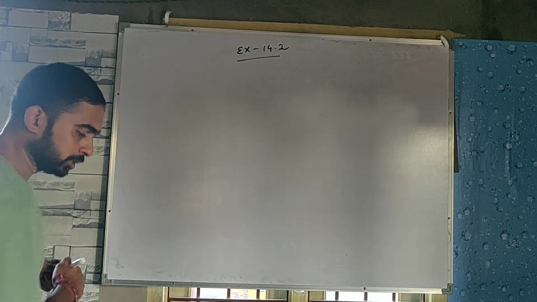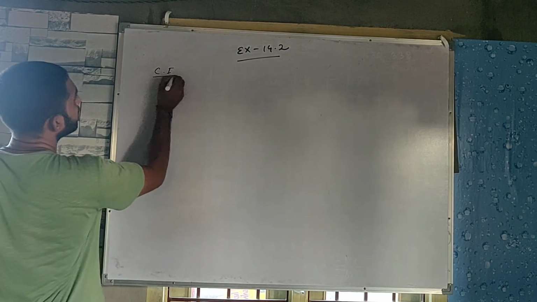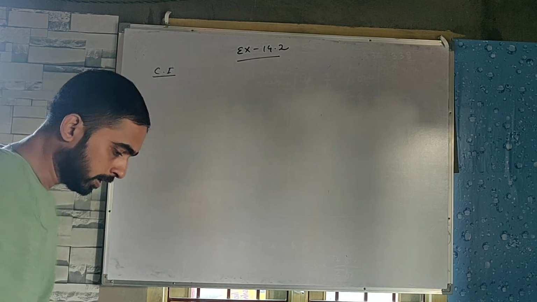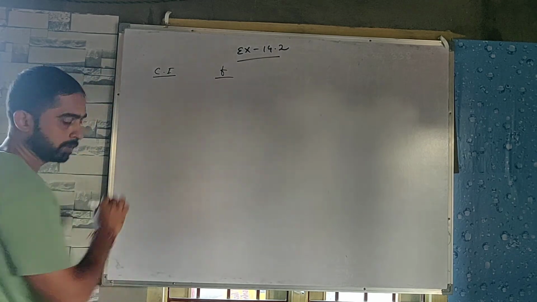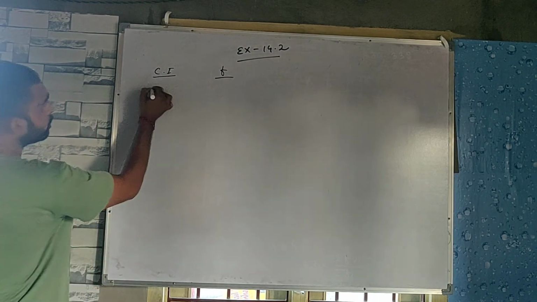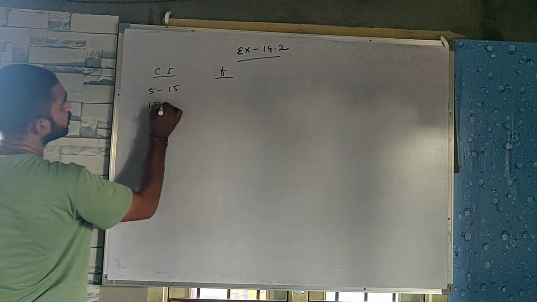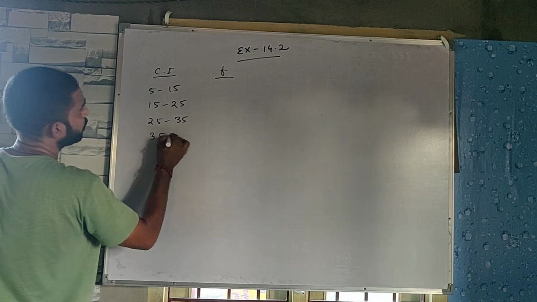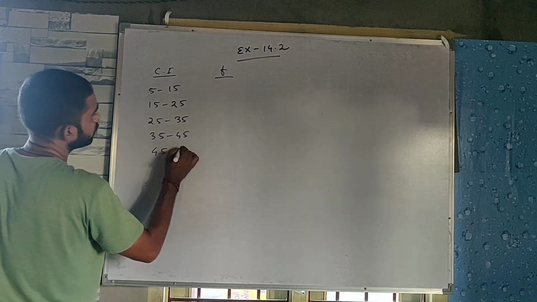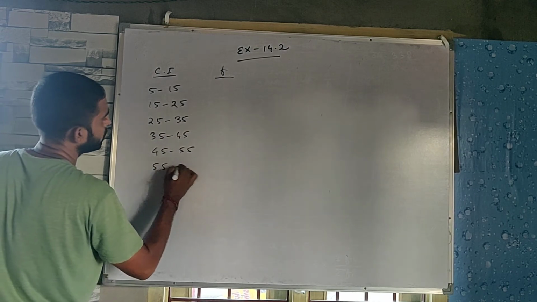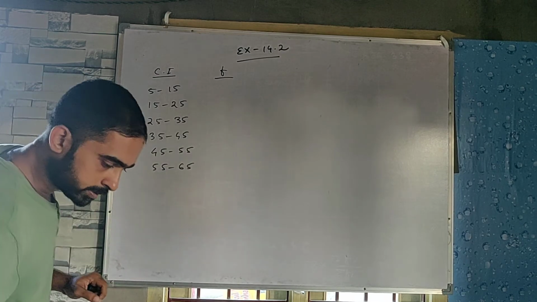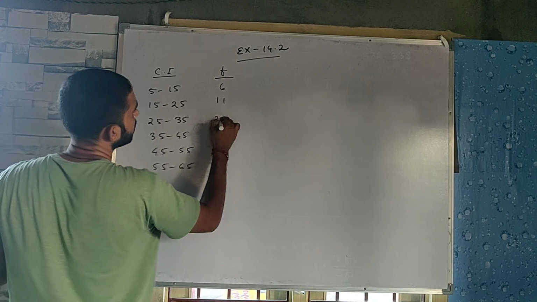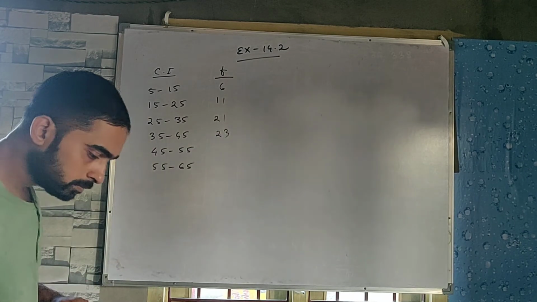Age and number of patients: class intervals 5 to 15, 15 to 25, 25 to 35, 35 to 45, 45 to 55, then 55 to 65, with frequencies 6, 11, 21, 23, 14 and 5.